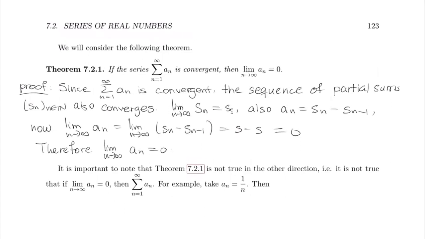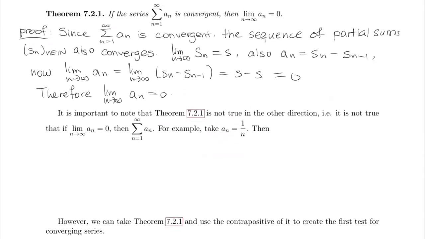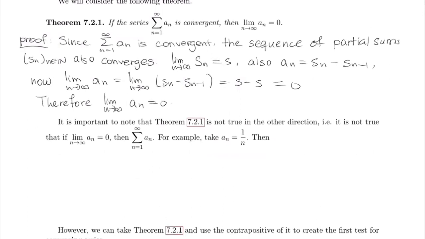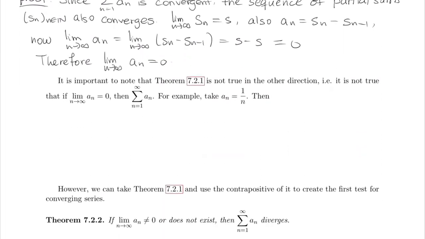Now, it is important to note that this theorem is not true in the other direction, meaning that if the limit of the sequence is equal to 0, then the series converges. That is not actually true. For example, let us take the sequence of 1 divided by n.